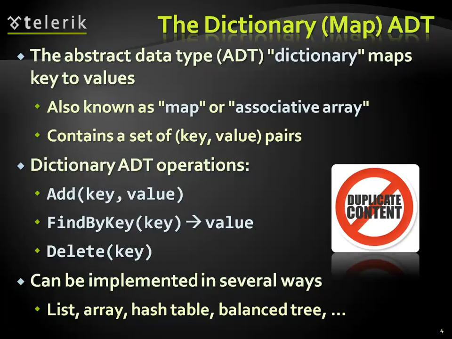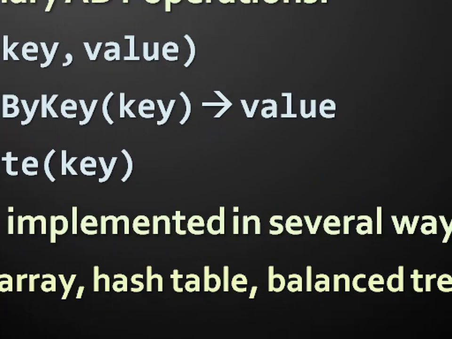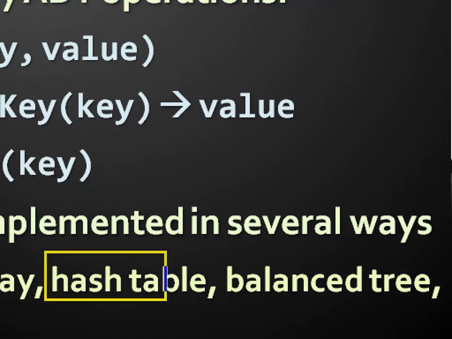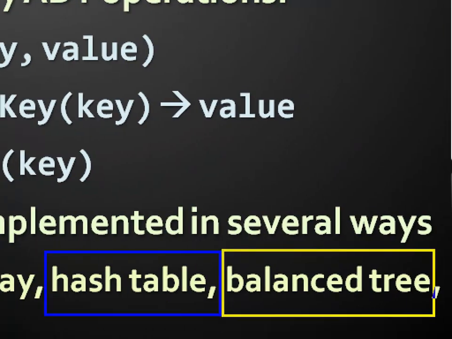So, that of course is slow. You could do it. You will use up exactly enough RAM for your elements, but searching in it is slow. So, that's why we have the abstract data type hashtable and the abstract data type balanced tree.